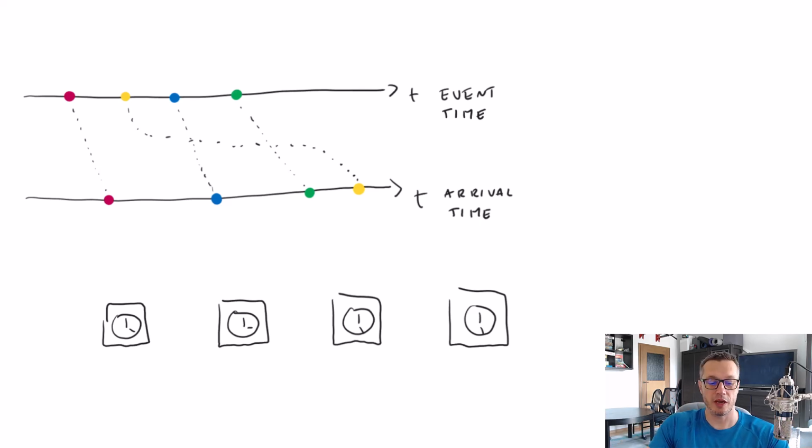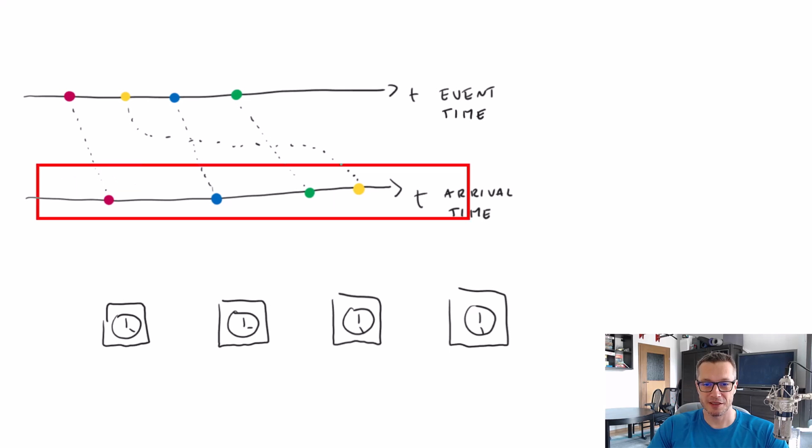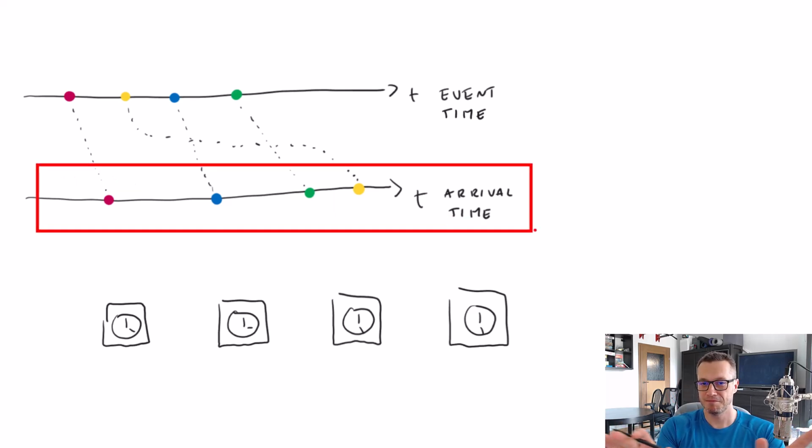Assuming, of course, that you care about the event time. Because if you don't, then you're done. You can forget about all these issues that I will be talking about. If you can process the events based on the arrival time, that's great. Your life is way simpler.